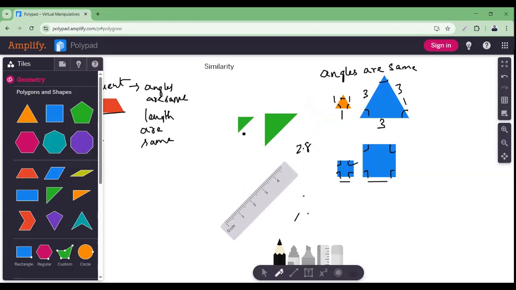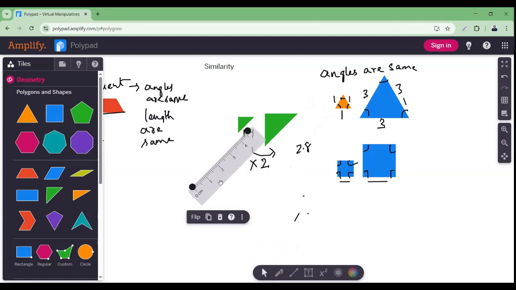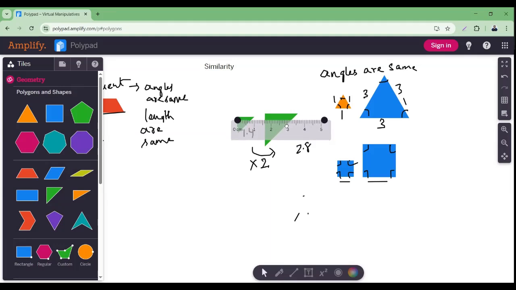Now, are we seeing any connection here? 1.4 and 2.8? Yes, 1.4 times 2 is 2.8. That means there's a connection of times 2. Let's see whether there's a similar connection with the other sides as well. So let's measure this. This is 0.8 or 0.9.